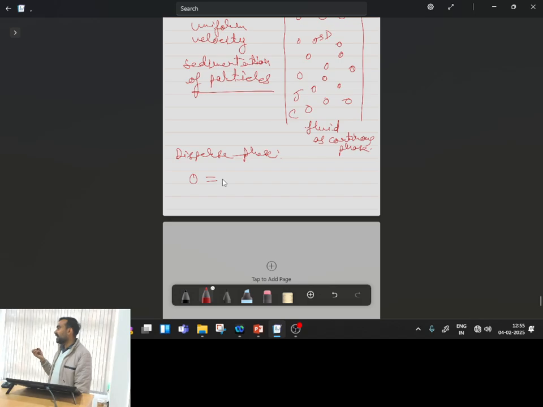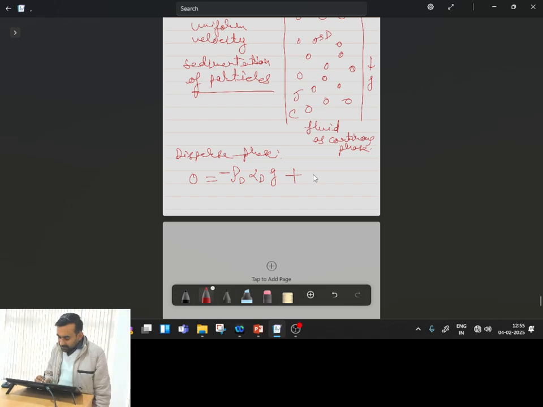In the right hand side, what forces will I have? Body force. Body force will be rho d, density of dispersed phase particles, alpha d, volume fraction, into g, and gravity is acting in the downward direction, so a minus sign will come in the body force. What else? Interaction term.